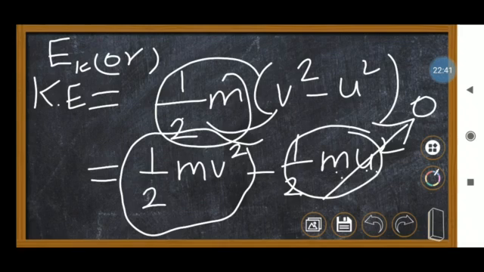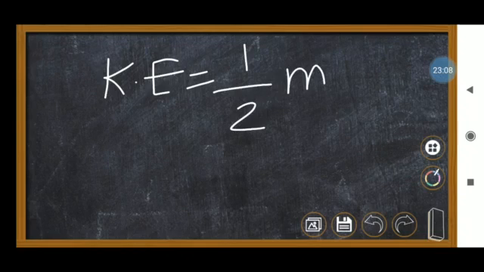The energy stored in that object equals the change in kinetic energy. When starting from rest, u is 0, so the kinetic energy formula equals half into m v square.